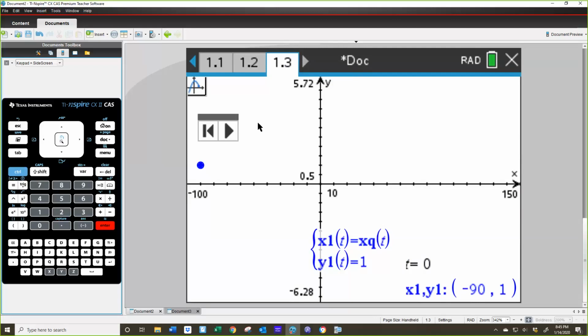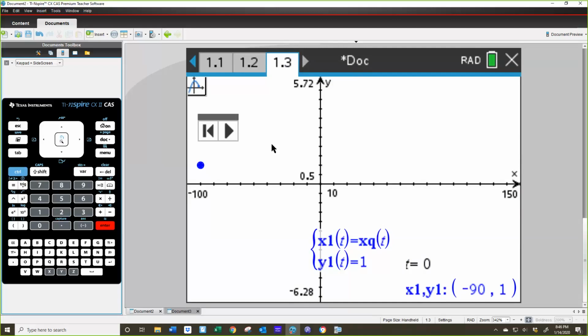The velocity graph had a maximum, which means the velocity was increasing to the left of the maximum, so that means your acceleration is positive, and decreasing to the right of the maximum, so that means your acceleration would be negative.